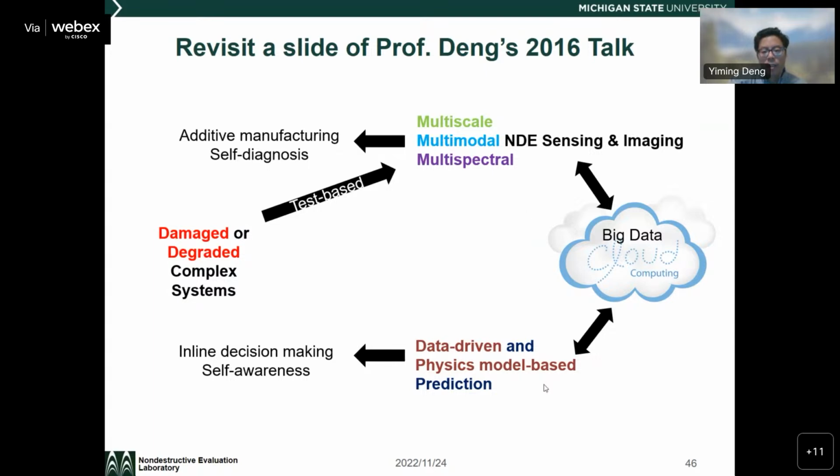Well, for the other branch, where we have the prediction capability, you are developing the self-awareness of the system through, for example, inline decision making. And with self-diagnosis and self-awareness, those are the key attributes of a smart system, right? Just like a human body, we have self-diagnosis and self-awareness capability to make decisions.